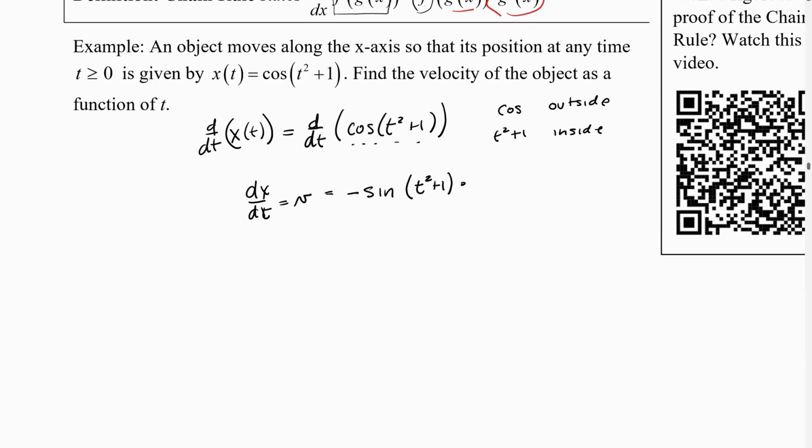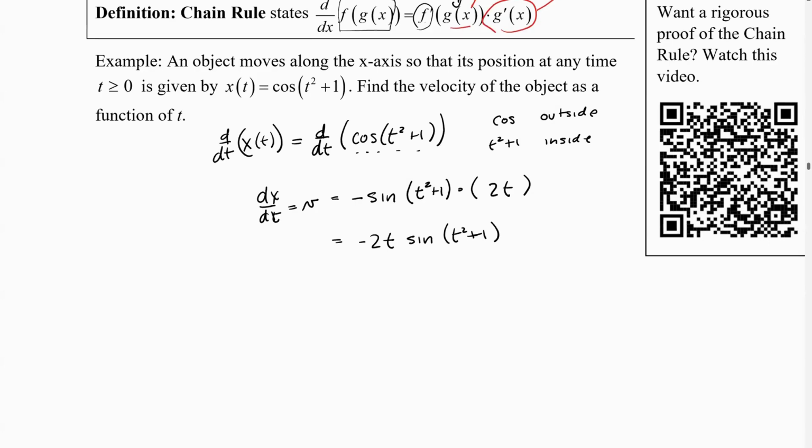But then I close this out by multiplying by the derivative of the inside function, which in this case is 2t. Now, you may clean that up, put that negative and then the 2t out in front, and then call this sine of t squared plus 1. That'd be a way to rewrite that a little bit more cleanly.